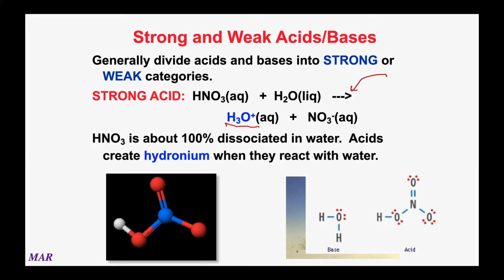When nitric acid, HNO3, encounters a water molecule, it forms an acidic solution by donating a proton, the H+ ion, to the water to form a hydronium ion and a nitrate ion. So hydronium forms from acids. The acidic hydrogen in the acid gives up to water, and it ends up making this hydronium.